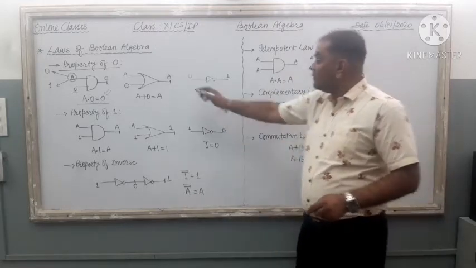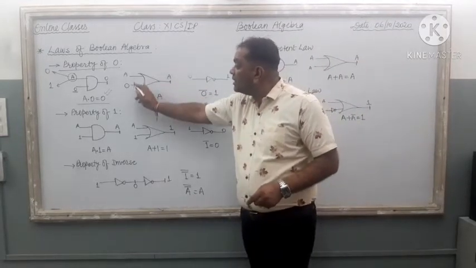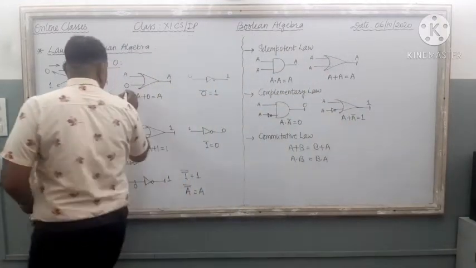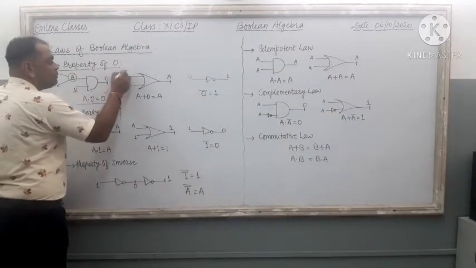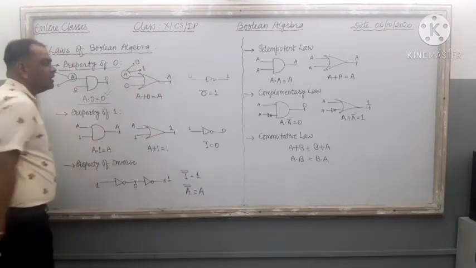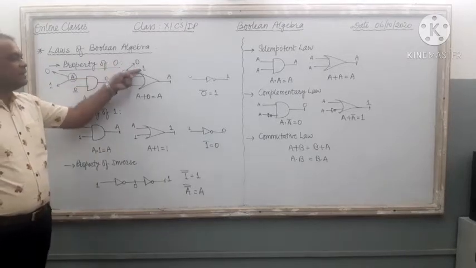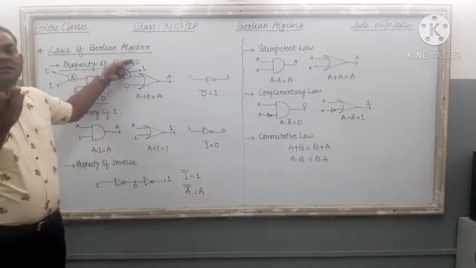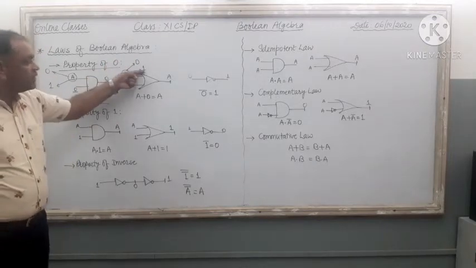Now the same thing, if we apply this 0 with this OR gate, now check what will happen. First input is A, second input is 0. Now the possibility of A, either it is 1 or it is 0. Two possibilities are there for it. Now 0, 0. What is the result? 0 plus 0, the result is 0. Now 0 plus 1, what is the result?